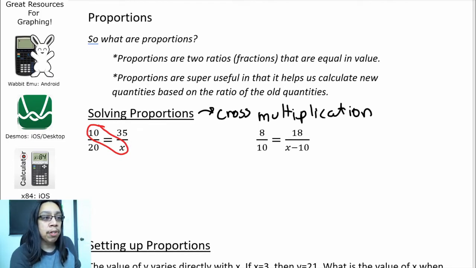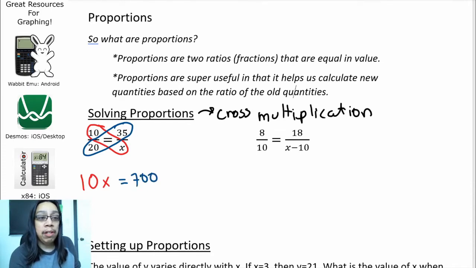Now from here, what you're going to do is just ask yourself, well, what's 10 times x? Well, in this case, 10 times x is just 10x. The next part is that you're going to multiply across over here, 20 times 35. Now you can either do this mentally, by hand, or using a calculator, but when you multiply 20 times 35, you'll get 700.